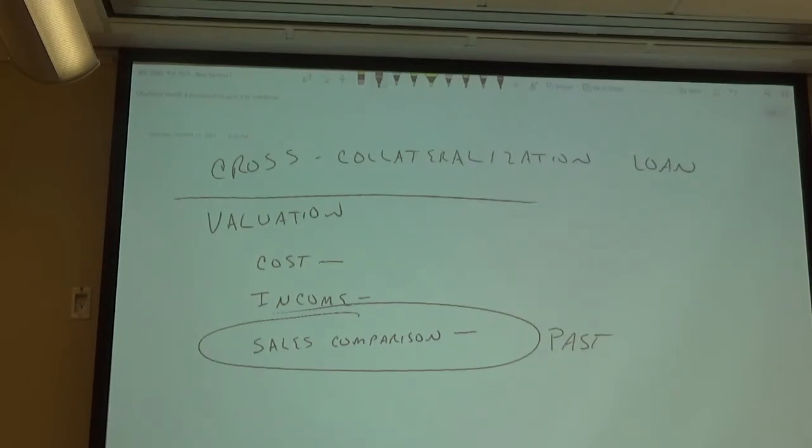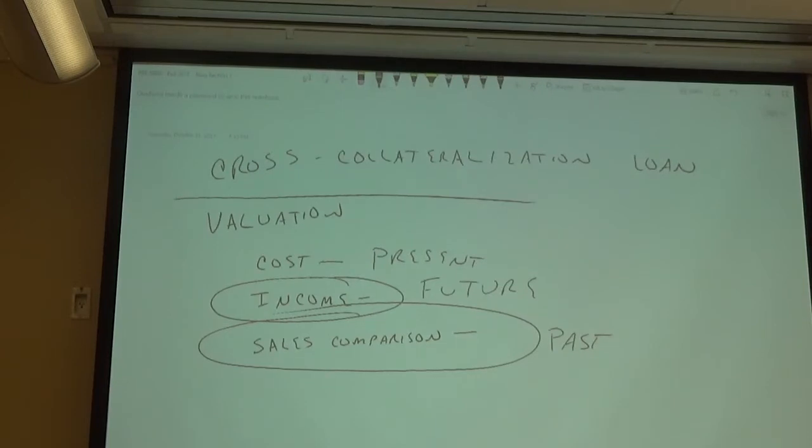Which one is future looking? Income? Absolutely. Because you're basically trying to predict what the income stream for a commercial property is going to be. And the cost approach, to a certain extent, is the present. Okay?